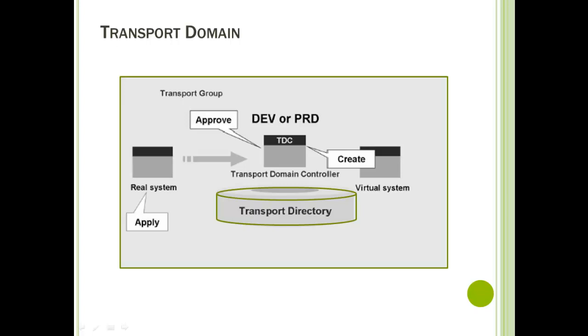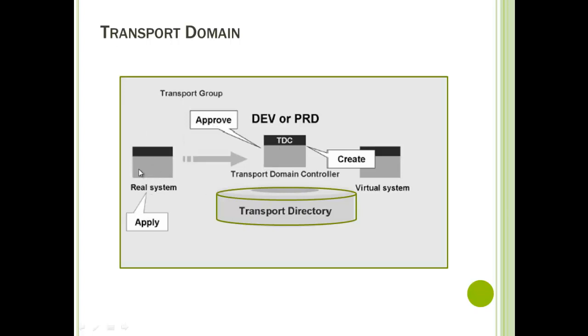Meaning, each additional SAP system must apply for inclusion in the existing transport controller. Since the configuration of the TMS can only be done in the domain controller, the transport domain controller must then configure the inclusion of each SAP system.